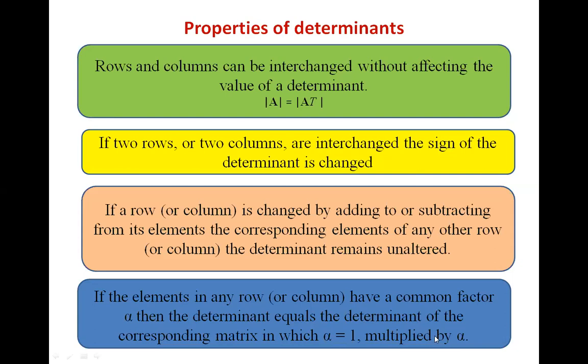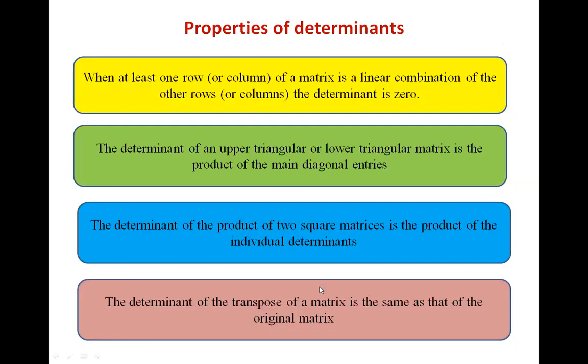For example, if the matrix has all elements divisible by 2, we can say 2 into a single matrix which shows the constant. In that way we can find out the value of alpha. For any general matrix, the value of alpha is 1. Now you can understand this property.